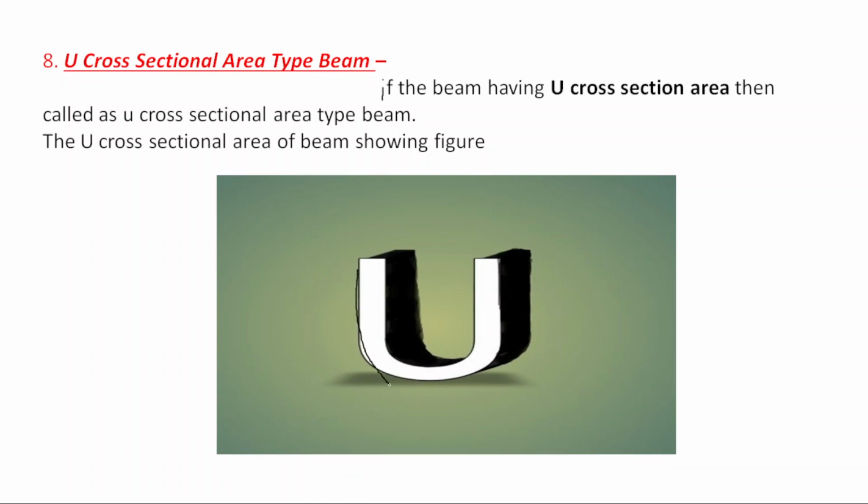Actually, this type of beam is used for pipe support. This type of beam is generally used in pipe supports: when pipes go from one equipment to another equipment, we have to support the pipe, and then this type of beam is used.